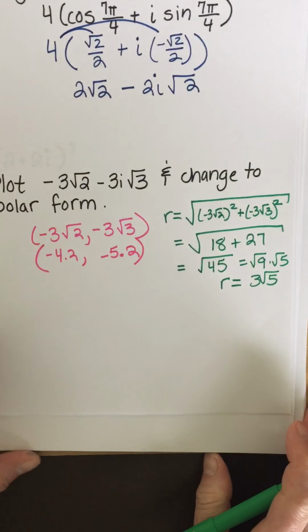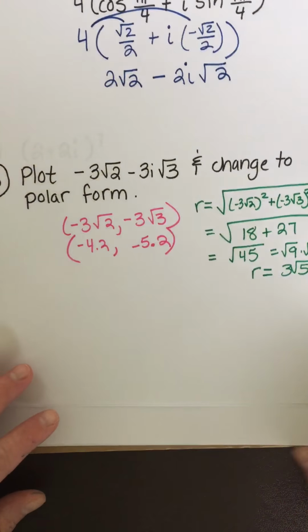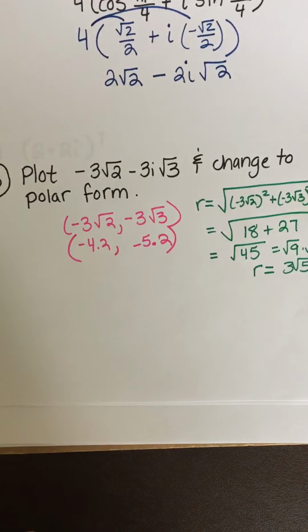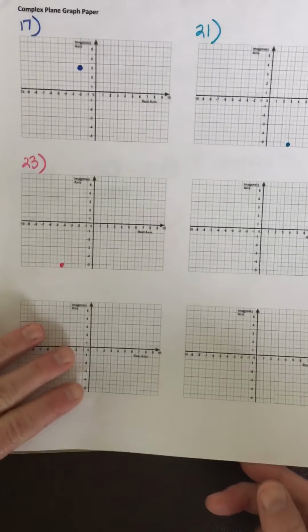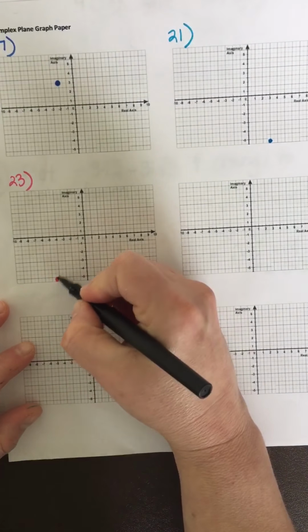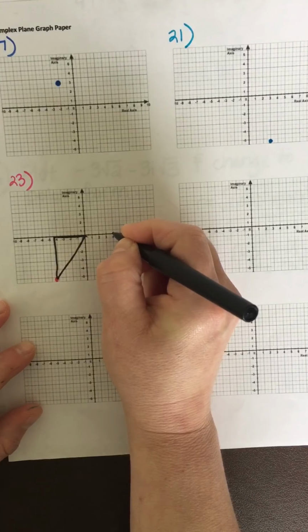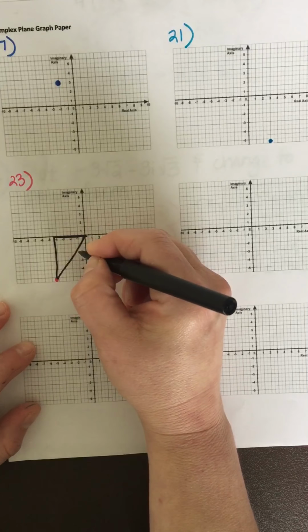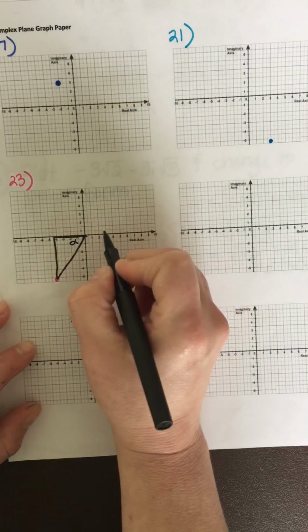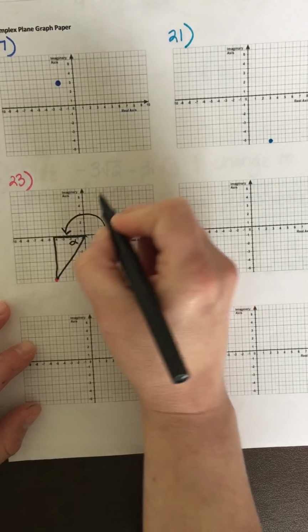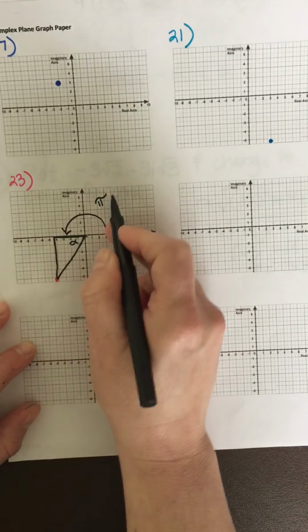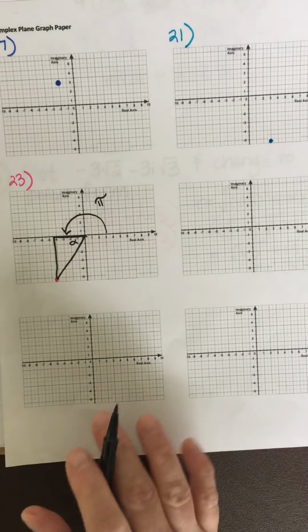And now I need to find theta. So I'm just going to do a quick sketch. Let me just get our graph here. If we made this a triangle, theta is going to be all the way around here. So let's find this little angle. I'm going to call it alpha. We know from here to here is pi, so whatever we get, we're going to have to add pi to it.